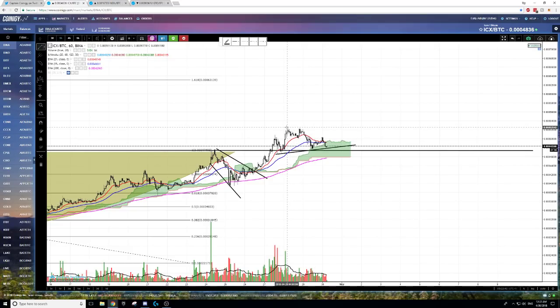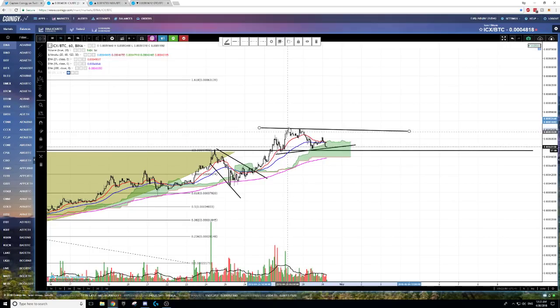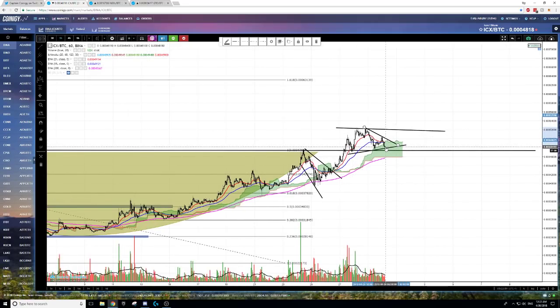There's obviously some clear top right here that it didn't want to go past, given these two bounces off of it. It's possible that this is some kind of pennant, and we'll bounce off the bottom of this and then break out the top.